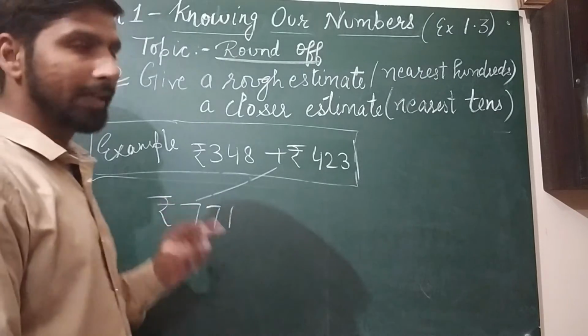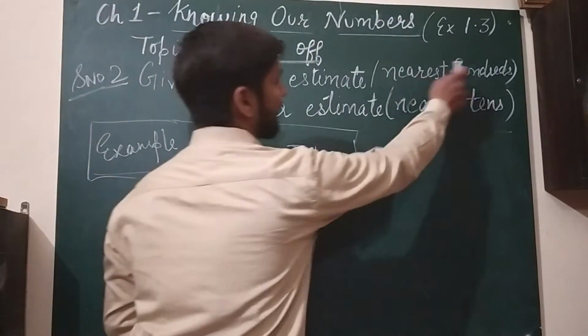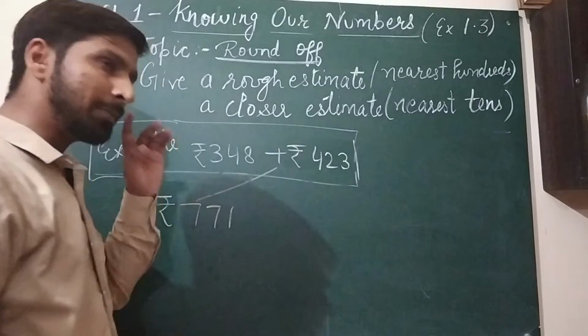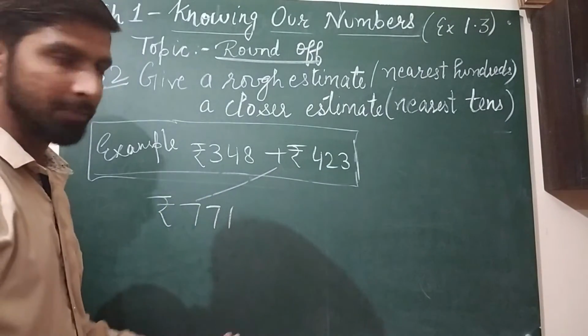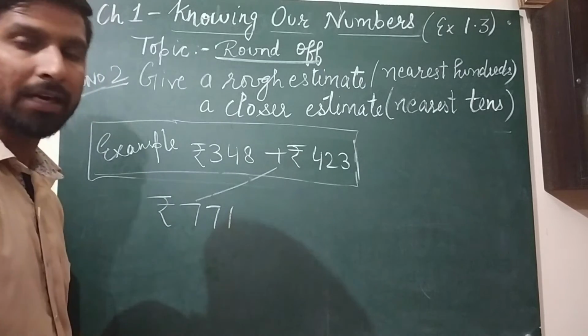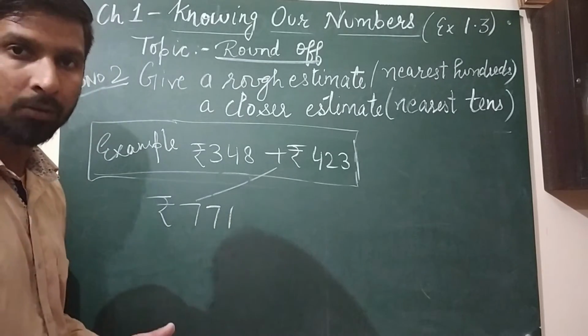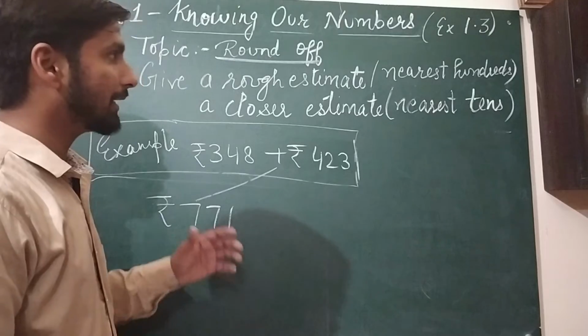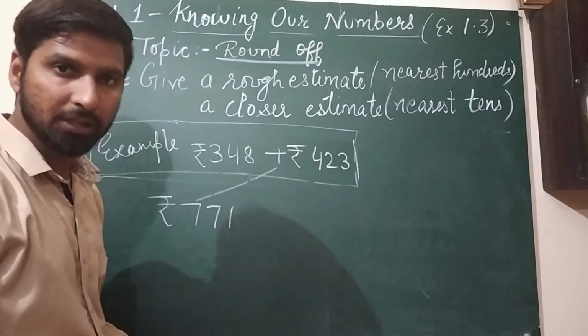Now there are two aspects. One is nearest 100. When I buy these two things, in my mind I am wondering what total amount I have to pay. So definitely in my mind I am rounding off these two numbers.